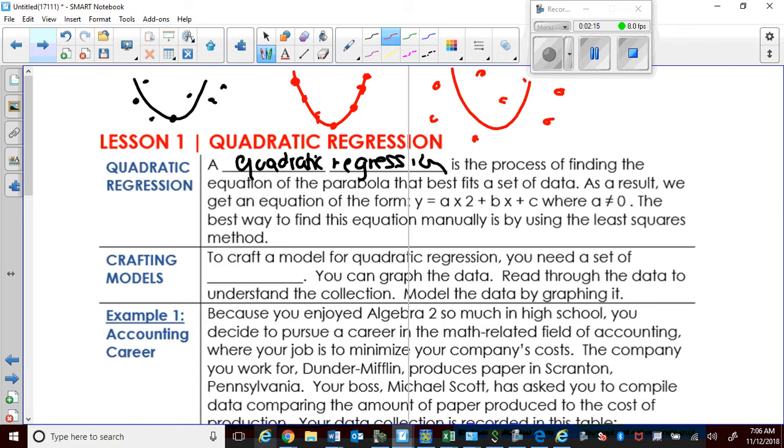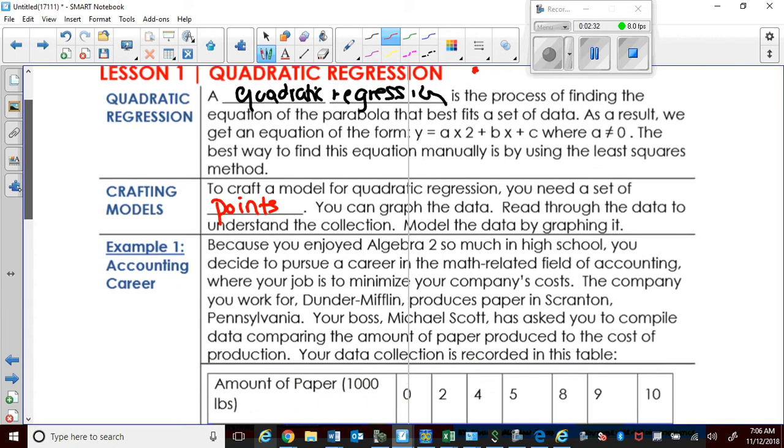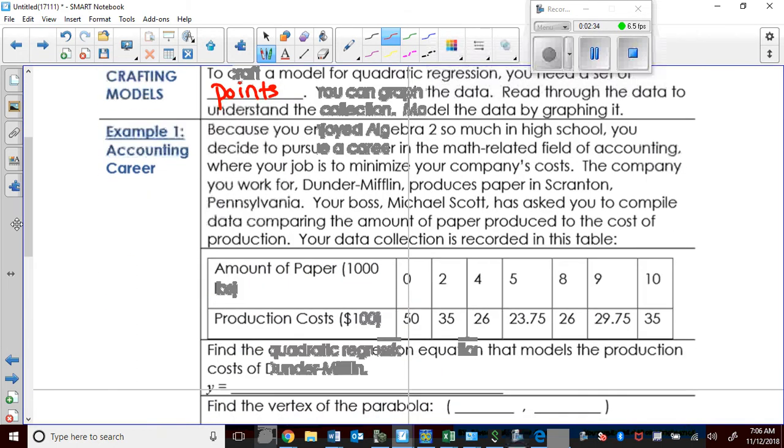So what we'll be doing is crafting models, or actually discovering the quadratic regression equation. You need a set of points to craft a model with the graphing calculator, so we're going to model the data by graphing it with the graphing calculator.